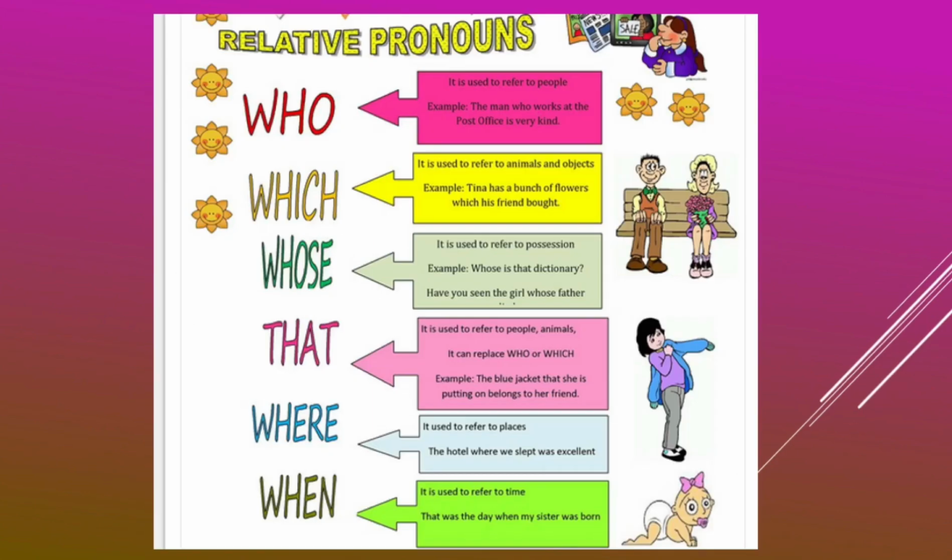But let's firstly see what relative pronouns are and what their functions are.